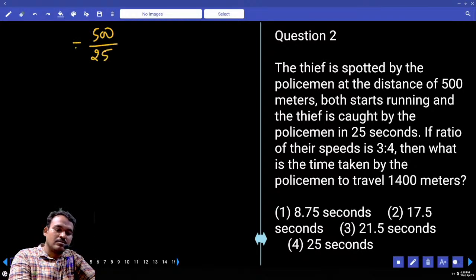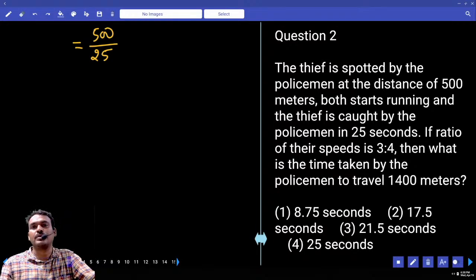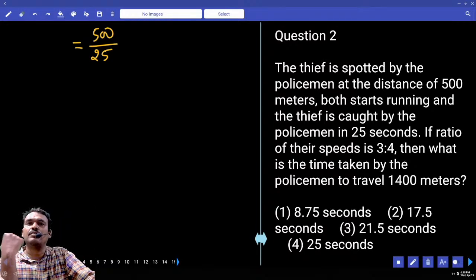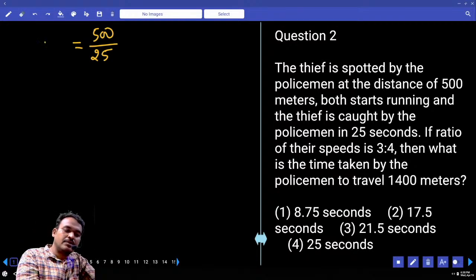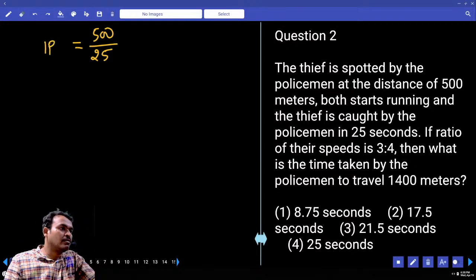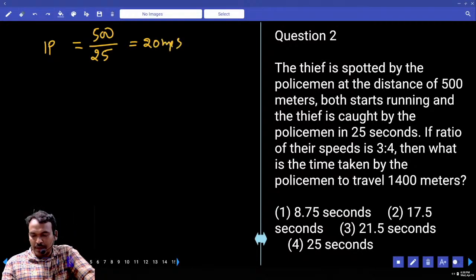That was wrong. Actually, the police and the thief are both moving in the same direction. Distance-wise, 500 meters is covered in 25 seconds, in the same direction. What is the relative speed? One is 3 parts, another is 4 parts, so the relative speed is 1 part. It is equal to 20 meters per second.